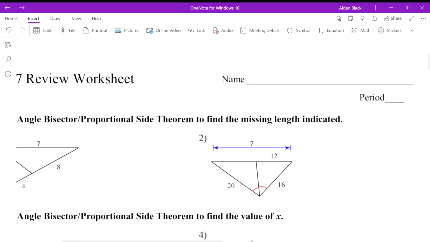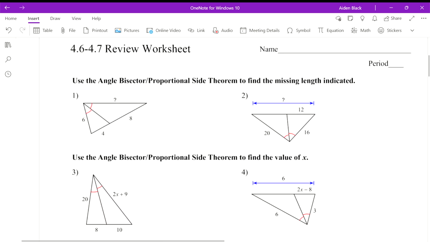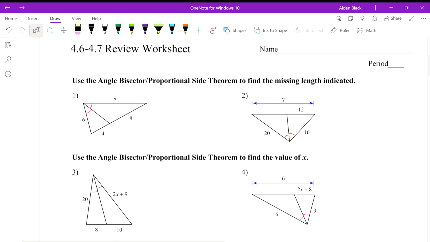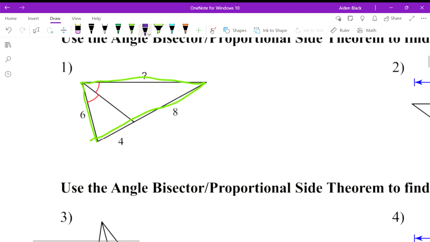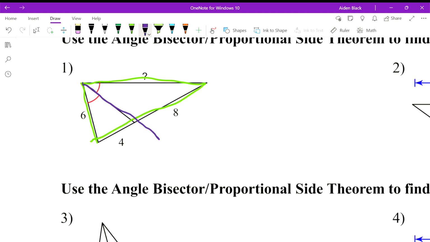So let's start with just the general idea of the angle bisector proportional side theorem. All it's stating is if you have this triangle here and you have an angle bisector constructed there, then it breaks this triangle into proportional side lengths.